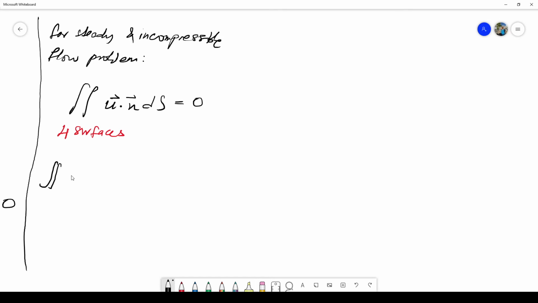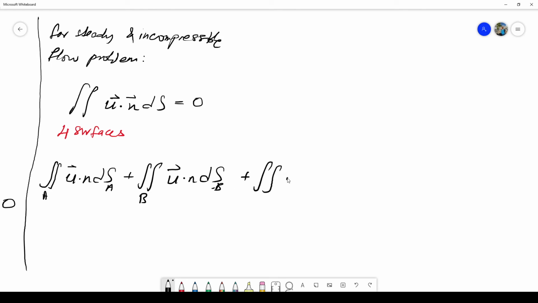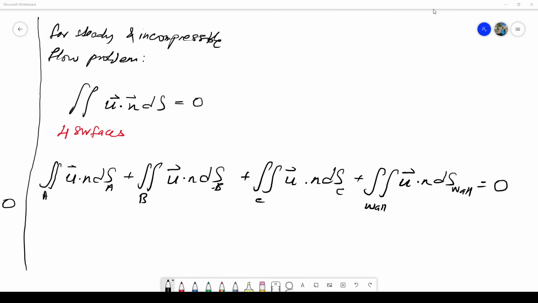So we have first u dot n ds for the surface at the inlet, surface A, plus u dot n ds for the surface B, plus we integrate the velocity across the control surface at C, and then the last one, the integration of the velocity across all the wall surfaces. And all of this will be equal to 0.